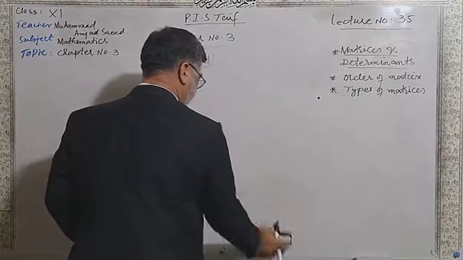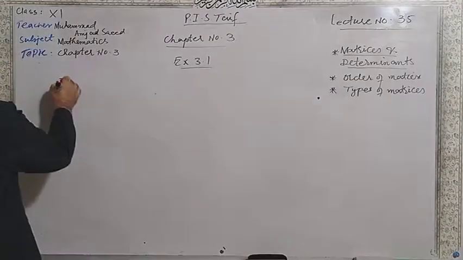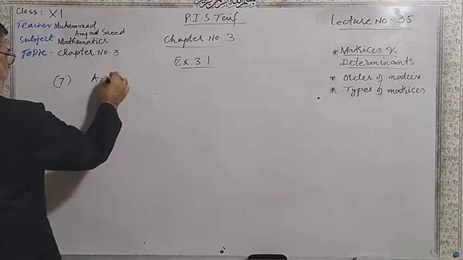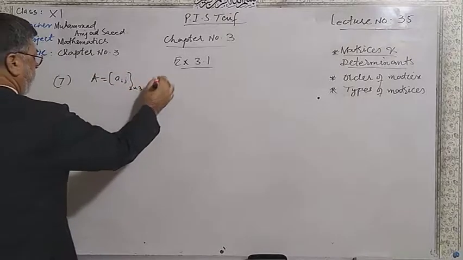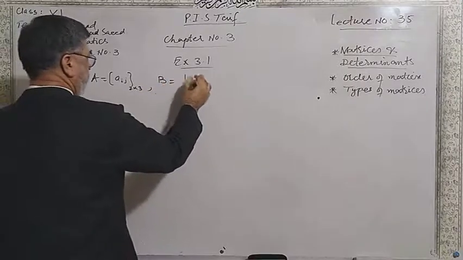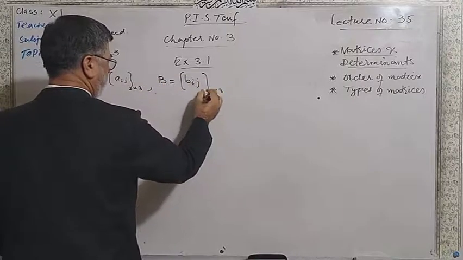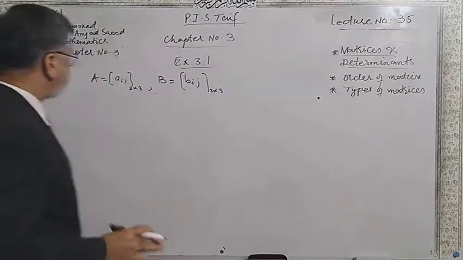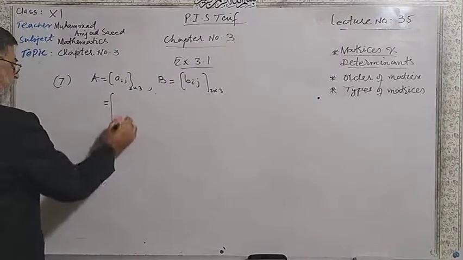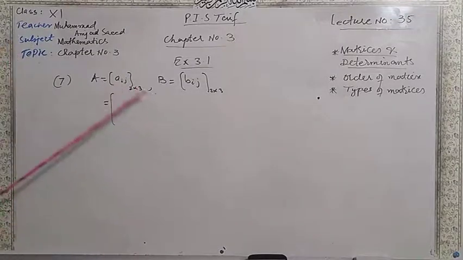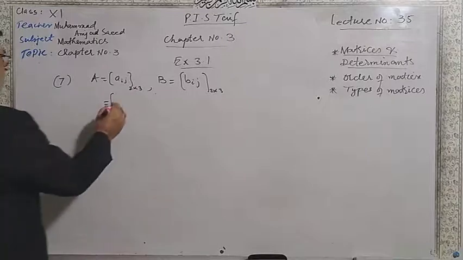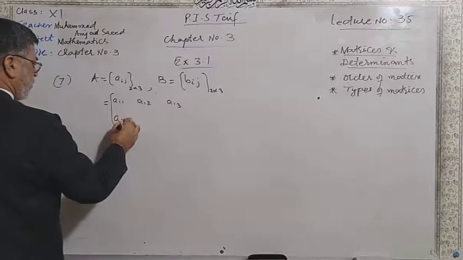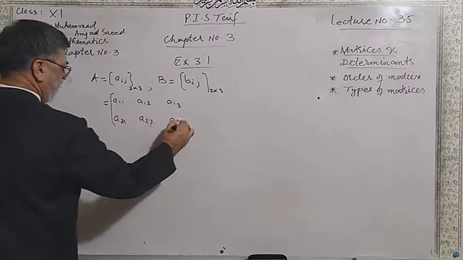We have question number 7: A is equal to Aij 2 by 3, B is equal to Bij 2 by 3. Remember that Aij 2 by 3 means 2 rows, 3 columns: A11, A12, A13, A21, A22, A23.